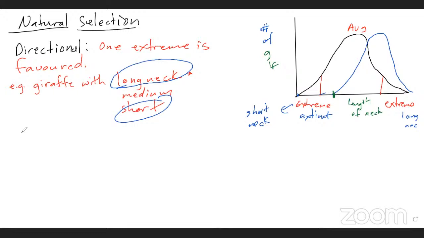You have stabilizing now. All right, stabilizing. For stabilizing, the average is selected.